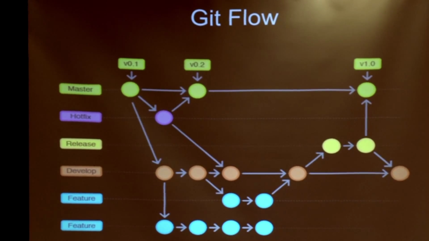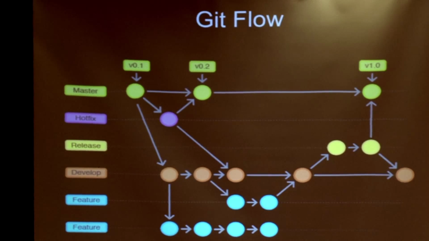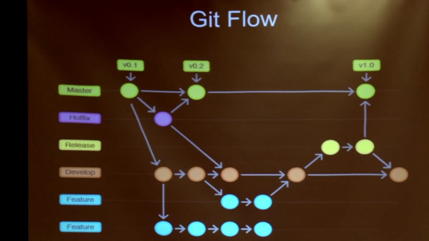So you have a develop branch which is created from master at some point. And you are creating from this develop branch a feature branch where you add your changes for your new feature. Your colleague can be creating another feature branch where he's creating changes for his feature.